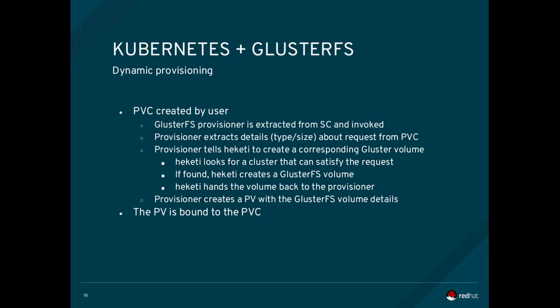But Heketi just makes some assumptions about best practices that have come up in the community over the years, and just imposes those onto the Gluster volume. So, for instance, this has the consequence that a Heketi managed Gluster cluster must have at minimum 3 nodes, because Heketi expects to do a minimum 3-way replication of all data on each Gluster volume. So it needs at least 3 bricks to do this data replication.